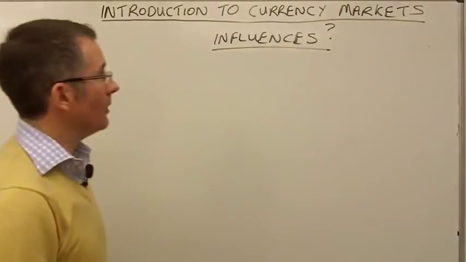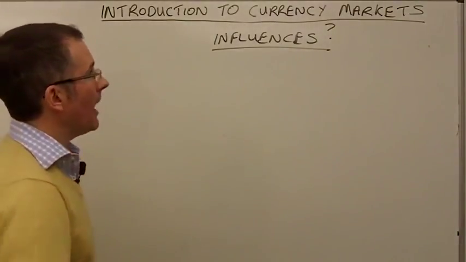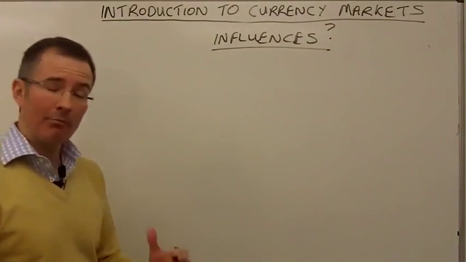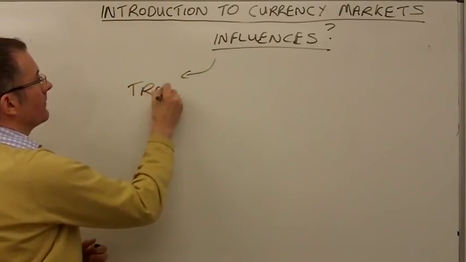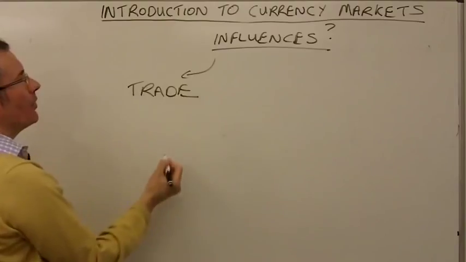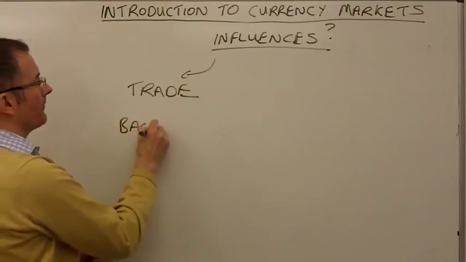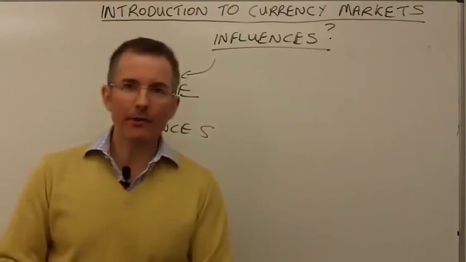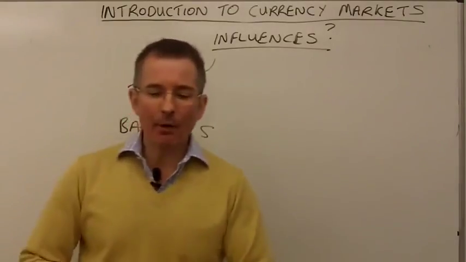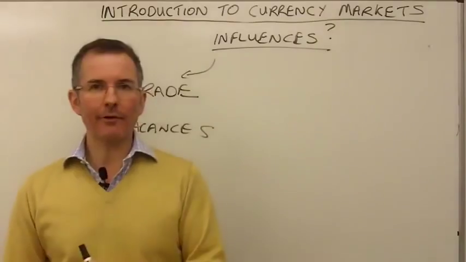Now, the answer is complicated. You can write an economics degree on this stuff, but there are some key influences. We can break it down. Number one, trade. Or you could even say trade balances. Okay, countries trade with each other and they build up trade surpluses or deficits.